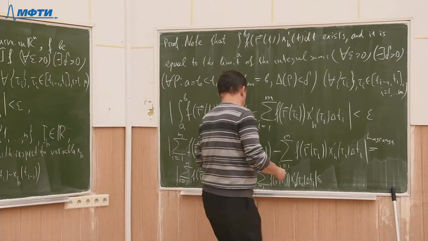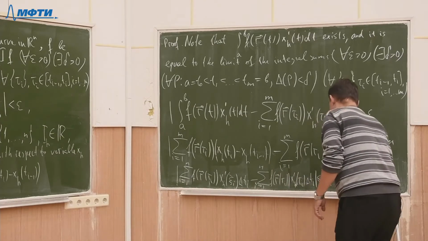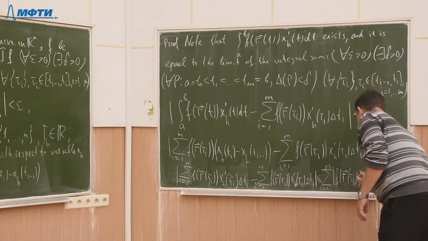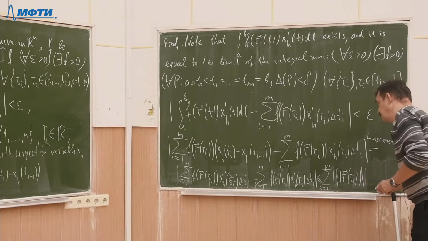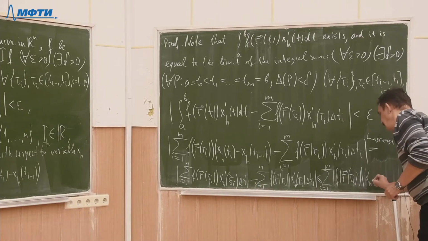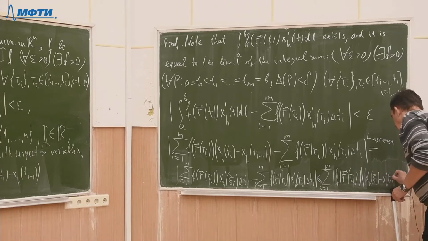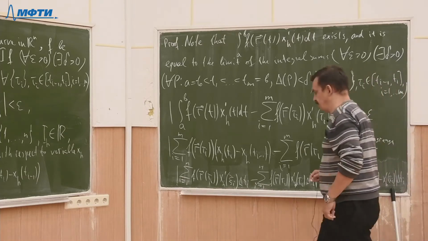After that we put the modulus inside, by the triangle inequality, and this gives f of r of tau_i times the modulus of the difference x_h prime of psi_i minus x_h prime of tau_i, times delta t_i. Delta t_i is non-negative.